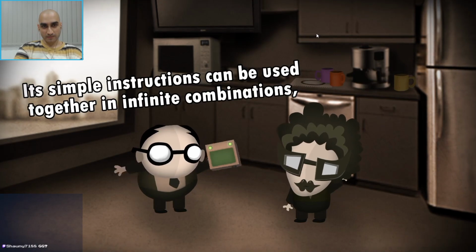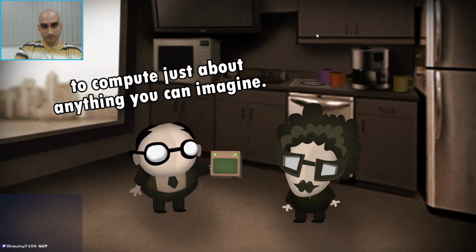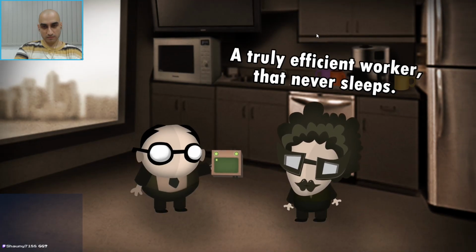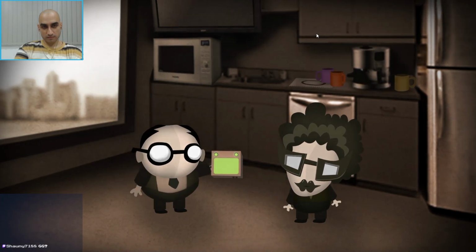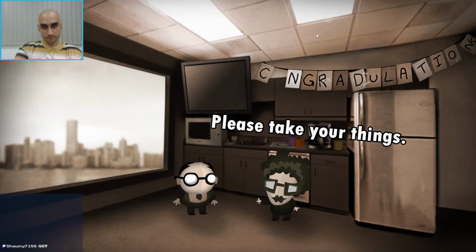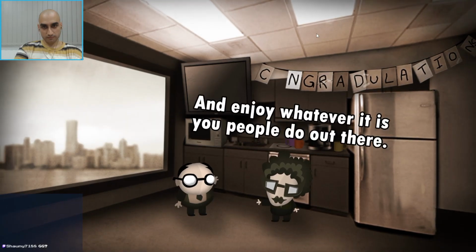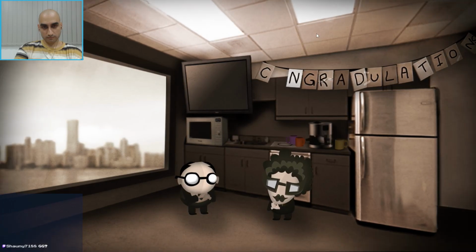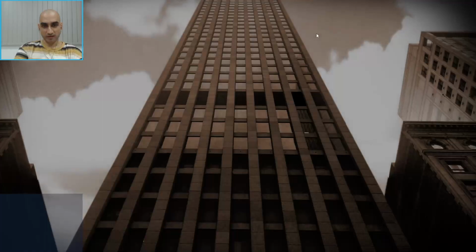Instructions can be used together in infinite combinations to compute just about anything you can imagine. A truly efficient worker that never sleeps. It's going to change everything. Please take your things and enjoy whatever it is you people do out there. Congratulations. Guess I'm out of a job then. They have a computer now.